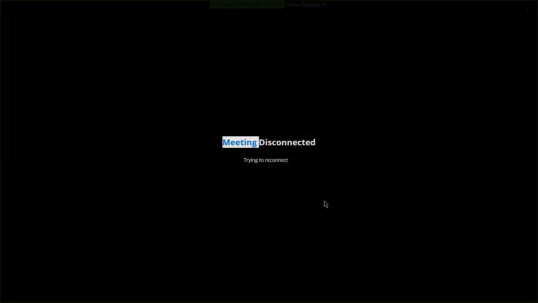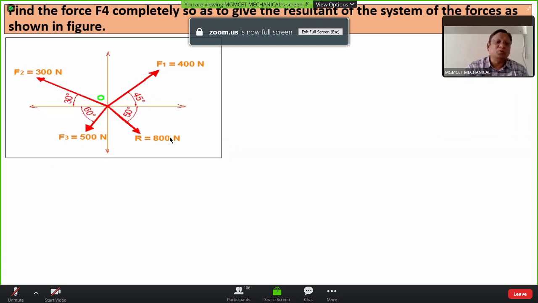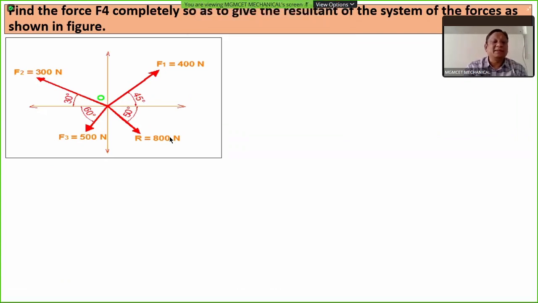Its inclination is shown in the diagram. I have to find out the fourth force F4. I have to add one more force such that the resultant of the given forces will be R is equal to 800 Newton.